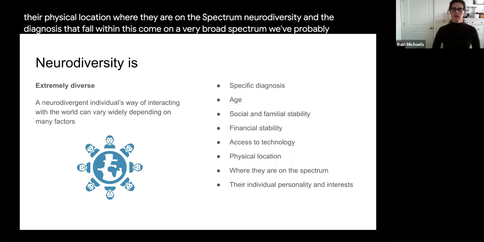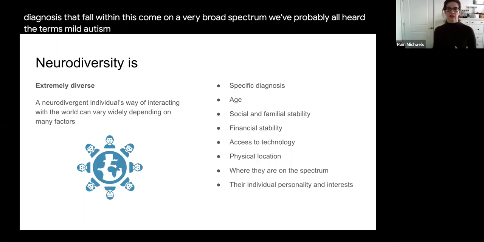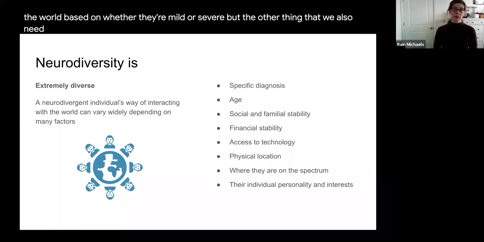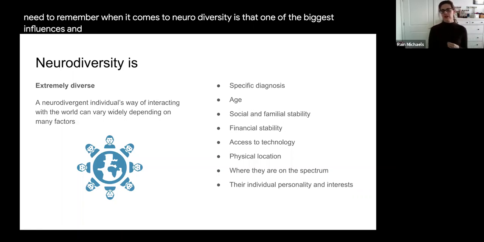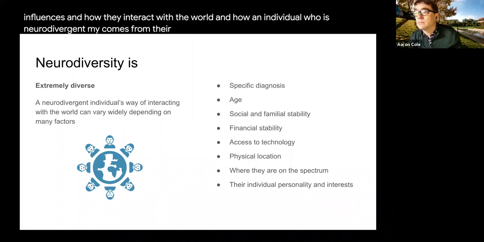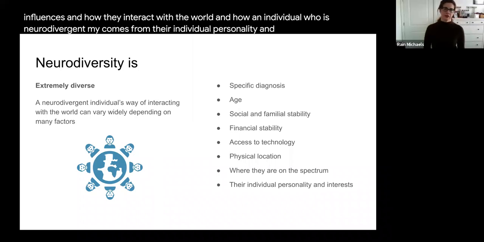We've probably all heard the terms mild autism versus severe autism, and we can kind of picture the difference that somebody might interact with the world based on whether they're mild or severe. But the other thing that we also need to remember when it comes to neurodiversity is that one of the biggest influences in how an individual who is neurodivergent might work through experiences comes from their individual personality and interests, just like any neurotypical individual.